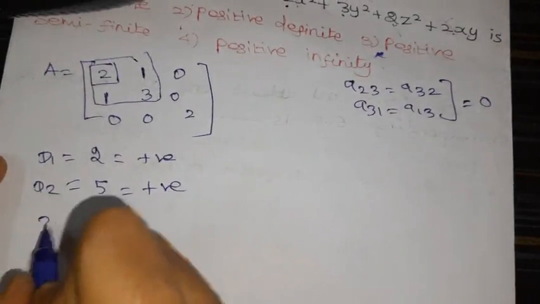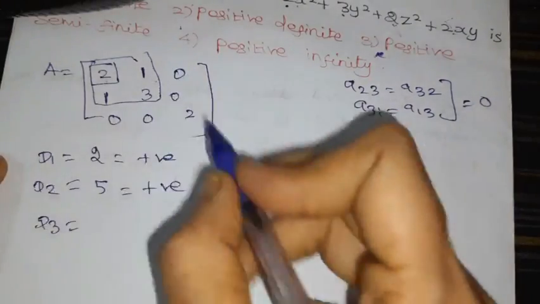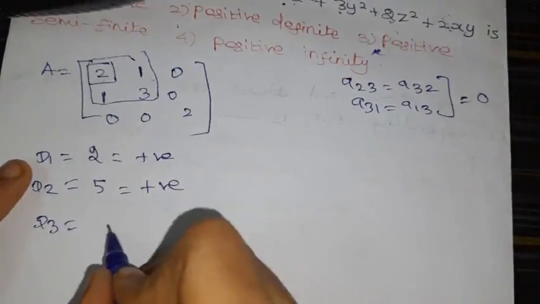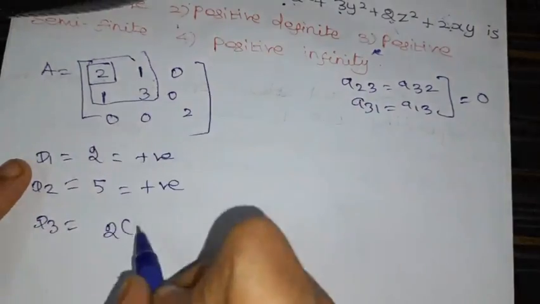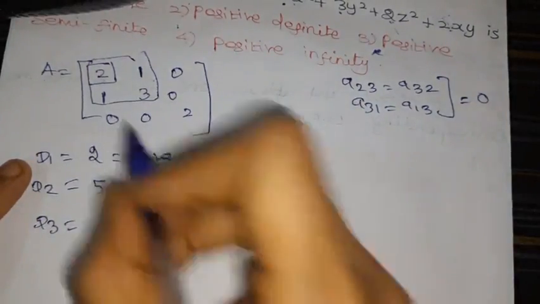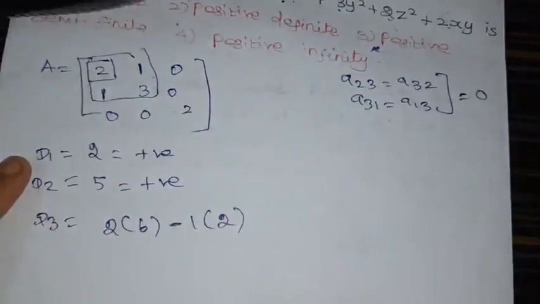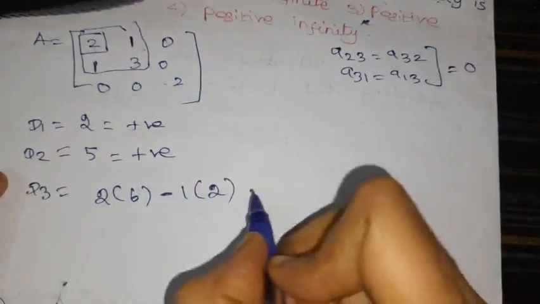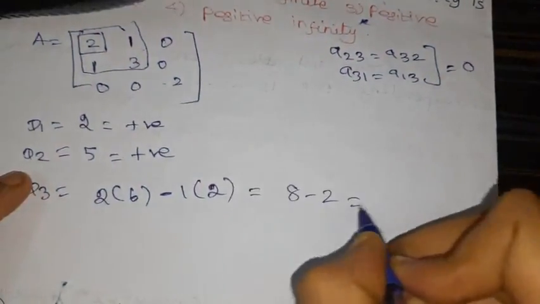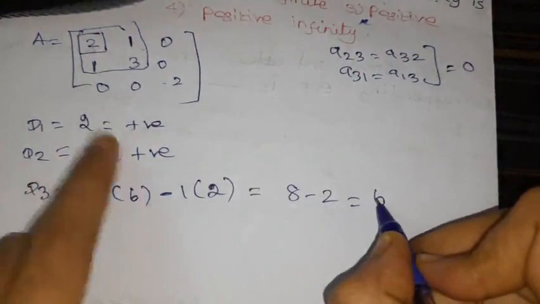Then d3. So for d3, we find the whole 3 cross 3 matrix determinant. Just expand: 2 into 6 minus 1 into 2. Again 0, we will get 0 only for the multiples. So 8 minus 2, 6.